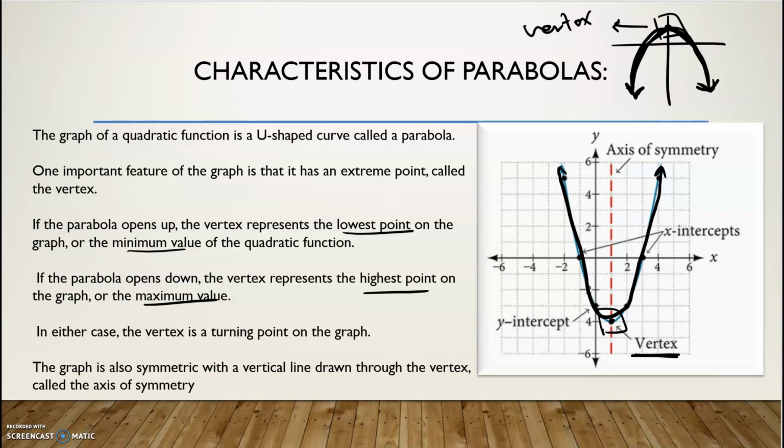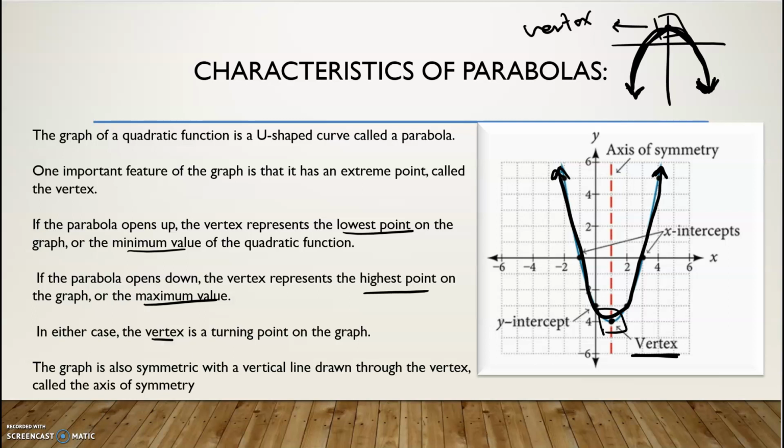Notice for the parabola that's opening downward, you don't have a lowest point because your arrows keep going down. And for the parabola that opens upward, it doesn't have a highest point because it keeps going upward.